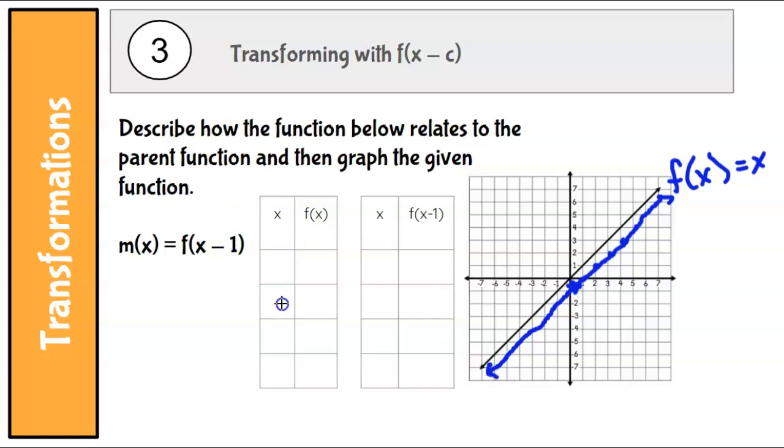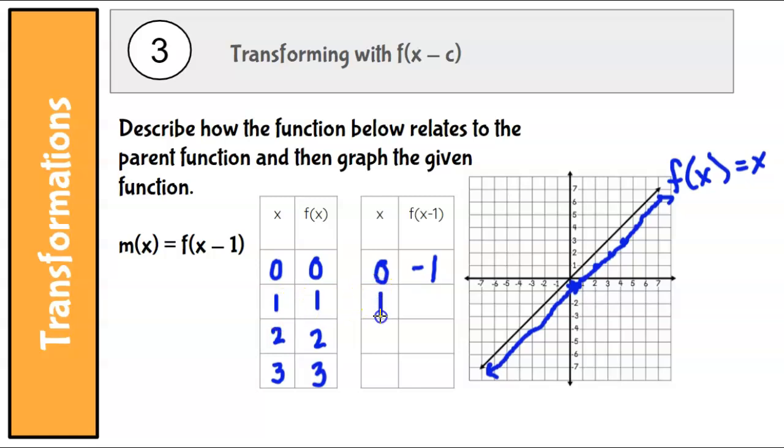To look at what this looks like might be a little confusing, but if it's x and then f of x, those are all equal. What we're doing here is when we put in x of 0, then we're actually looking at 0 minus 1, which is -1, and f of -1 is -1.